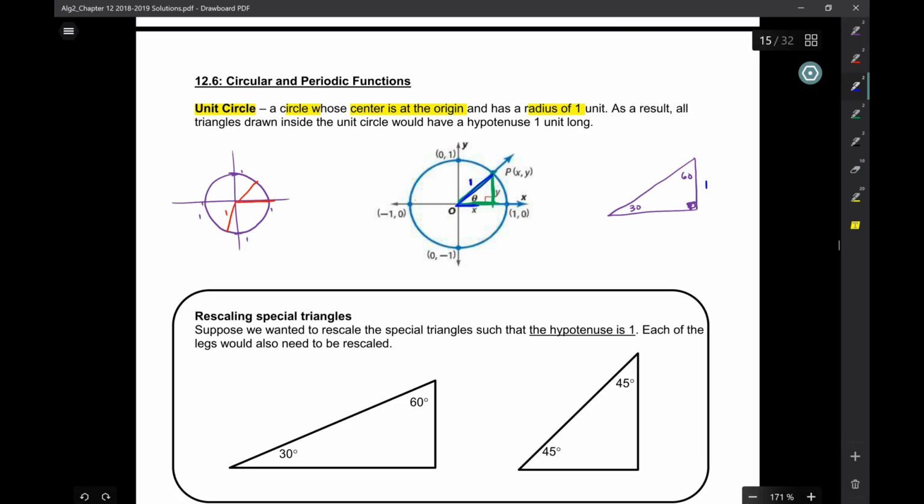How big is the horizontal side? √3. And how much is the hypotenuse? 2. Okay, now, if this circle has a radius of 1, can I take this triangle and fit it in there as it is? No, it won't fit in there, right? It's too big to fit in there.